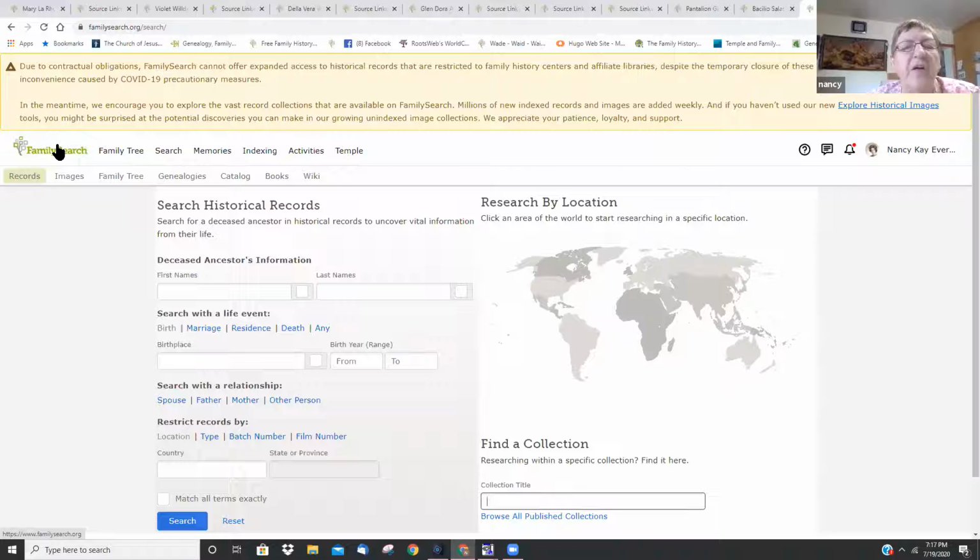And with a logarithm set up, the computer itself can go through a new collection that's added to Family Search or through my records in my family, and they can make a match. They can say, oh, here's a New Mexico birth record of somebody named Nancy K. Everett, who was born on the 11th of 11th, 1946 in Albuquerque.